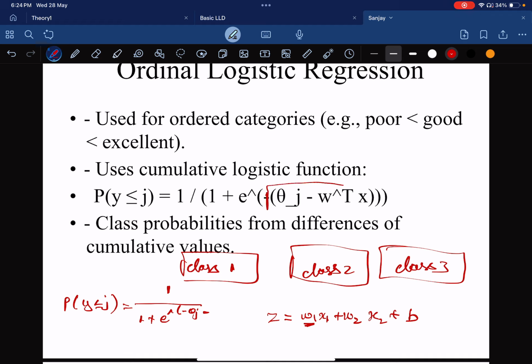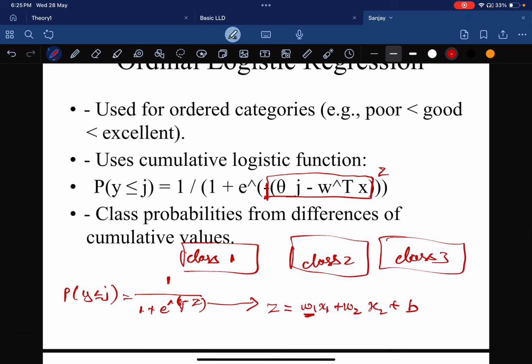This entire term is nothing but z, so we can simply write it as minus z. This z is called the logistic regression. The formulas are similar, right? But it will subtract theta j. Theta j is called a constant, and it is updated on each iteration, or we can say it is a constant for each model.